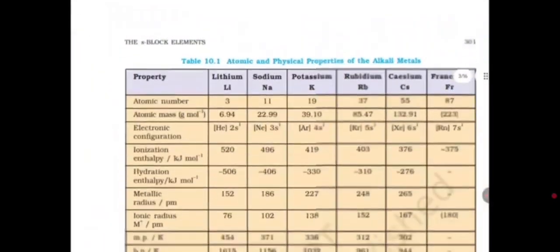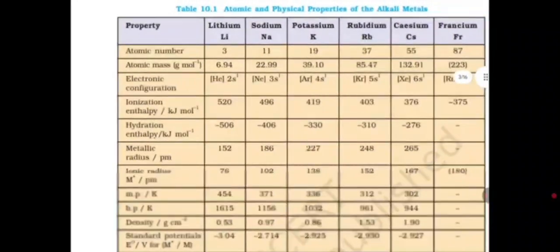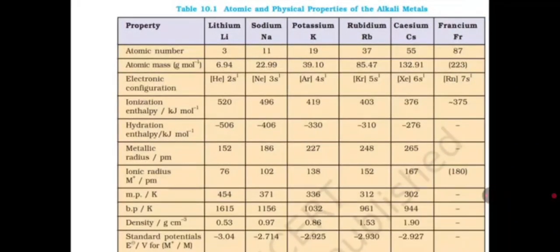Next, we are given a table which represents the atomic and physical properties of the alkali metals.